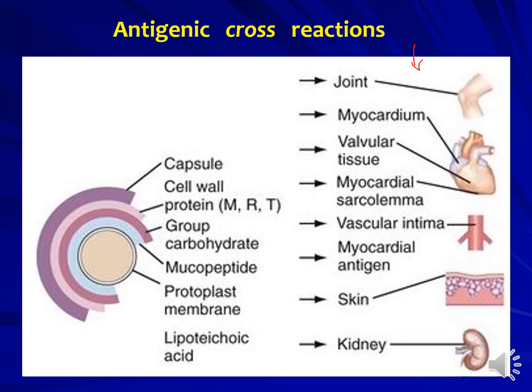The capsule, the cell wall M proteins, the carbohydrate antigen on the cell wall, the mucopeptide, the cytoplasmic membrane and lipoteichoic acid present in the cell wall have cross reactivity with the synovial membrane, the valvular tissues, the cardiac cells, and the myocardium cells of the human body.